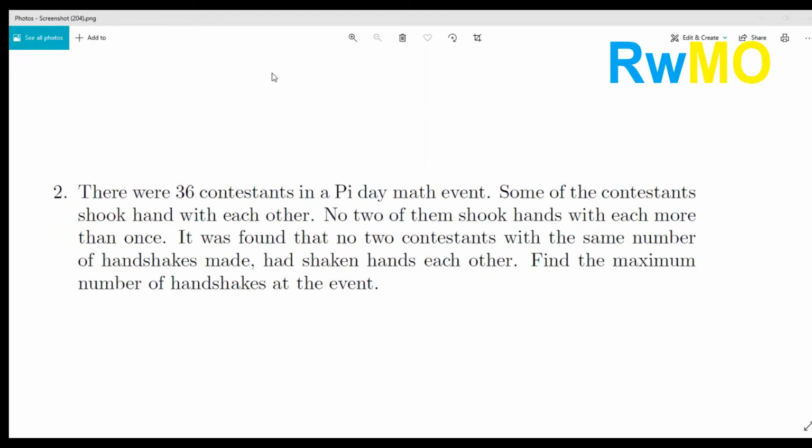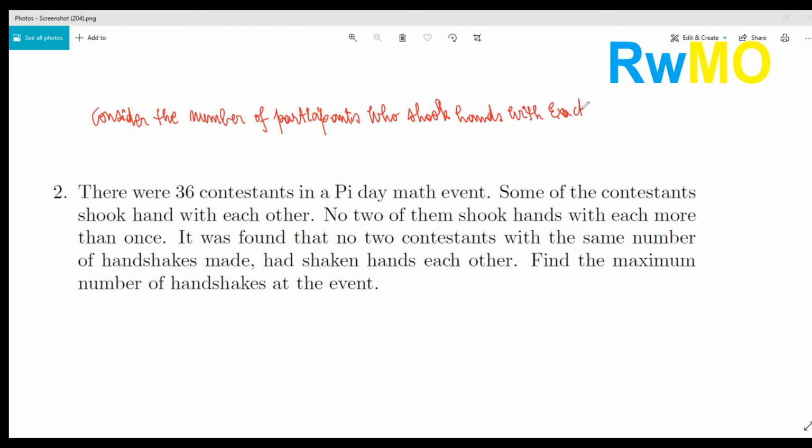So the first step to solve this problem is to consider the number of participants who shook hands with exactly i other participants.